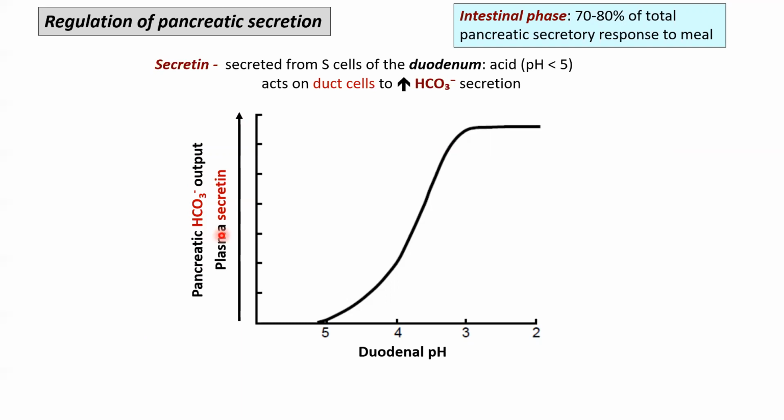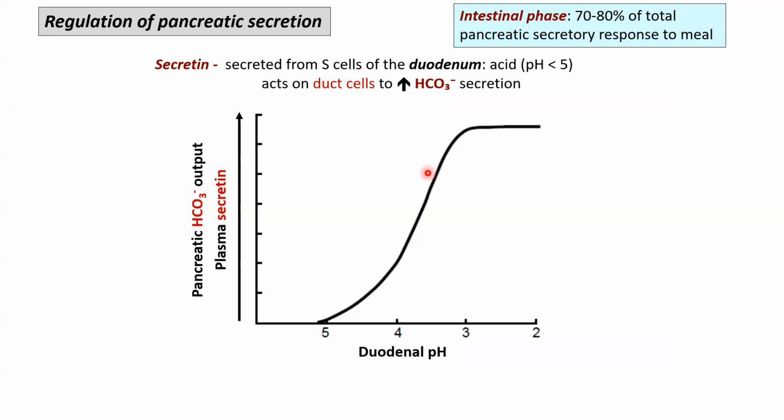It works at the secretin receptor on the duct cell, somewhat on the acinar, more on the duct. You can see that once the pH falls below 5, around 4.5, secretin starts going up, and bicarb secretion by the pancreas goes up. As you lower pH, you get more and more secretin and more bicarb output.